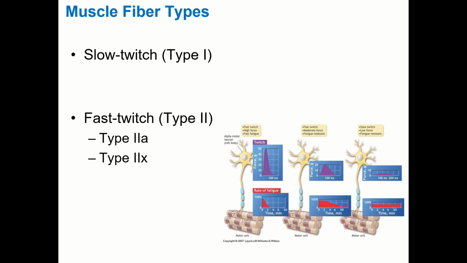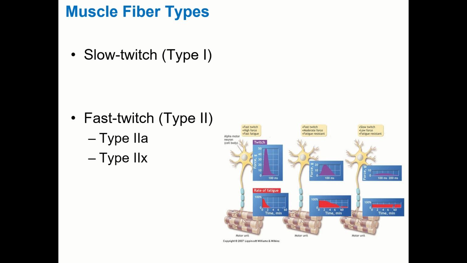So when we get that electrical impulse from the alpha motor neuron, release of acetylcholine, and all the stuff we just talked about, say we get just a few pulses that come down the alpha motor neuron and cause depolarization in the muscle cell, and then we stop that stimulus.